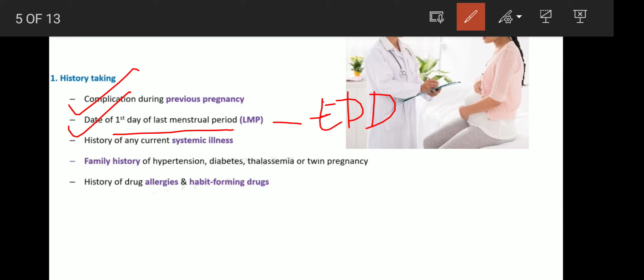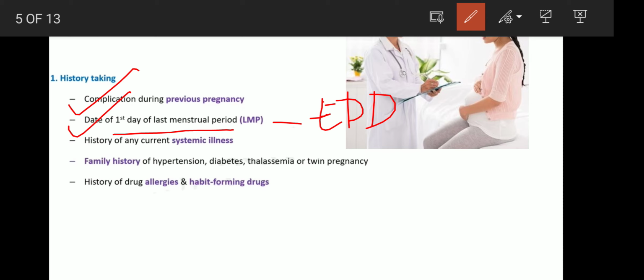Also, we have to record the history of any current systemic illness. We have to record if there are systemic illnesses like hypertension, diabetes, if the mother has epilepsy, asthma, reproductive tract infection, HIV, AIDS, STD, TB, renal diseases, any of the systemic illness if she is having, we have to find out.